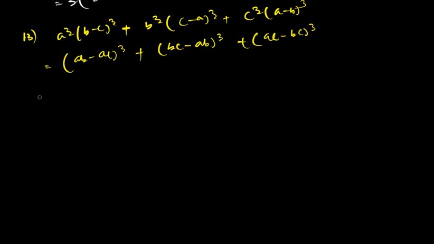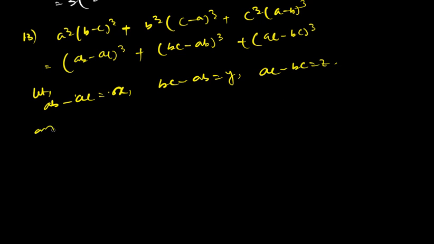So I have to take, let ab minus ac equal x, bc minus ab equal y, ac minus bc equal z, and we can see that x plus y plus z equals 0.